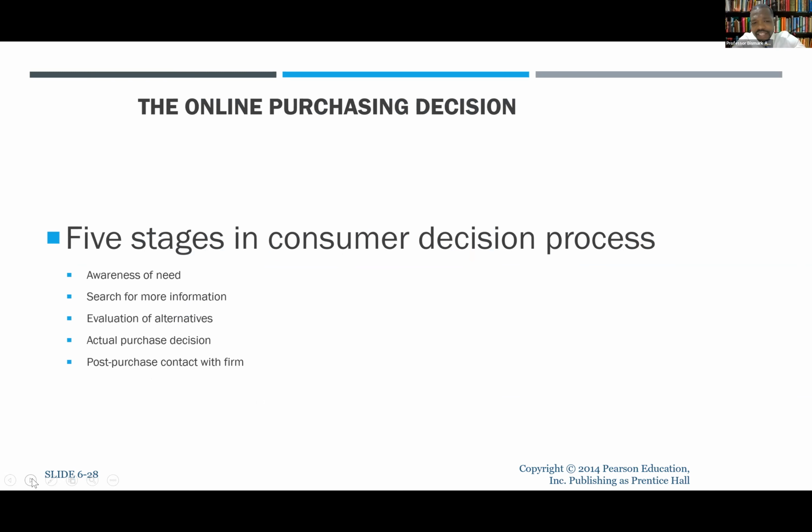There are 5 stages in the consumer decision process: awareness of the need, search for more information, evaluation of alternatives, the actual purchase decision, and post-purchase contact with the firm. We're going to go over these in great detail.